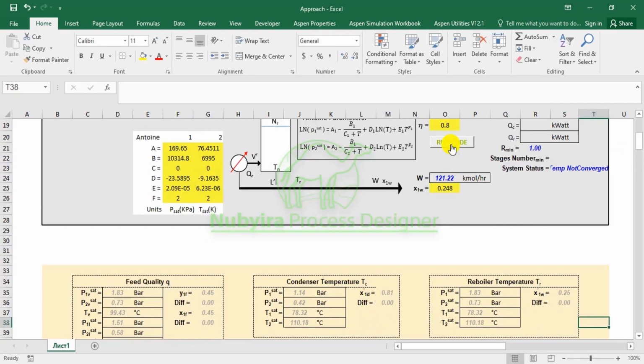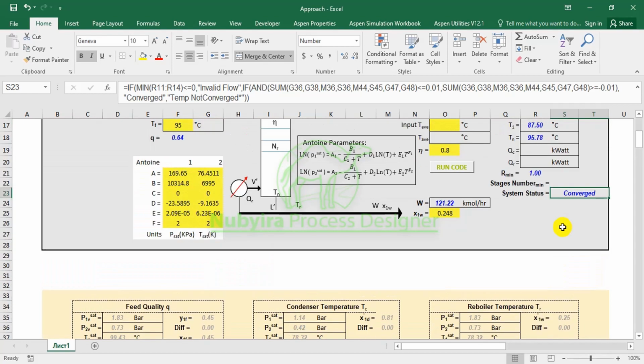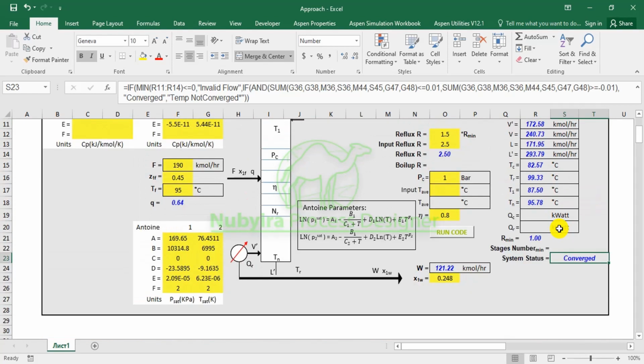So I will run the code and see what happens. Okay, you can see it has now converged to the same value. So the mole fraction that is coming from the bottom of the tower is 0.34, you understand, to the reboiler, the mole fraction of the light component. And the whole system has now converged.